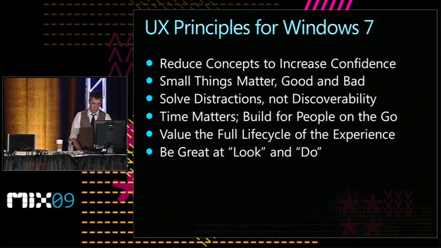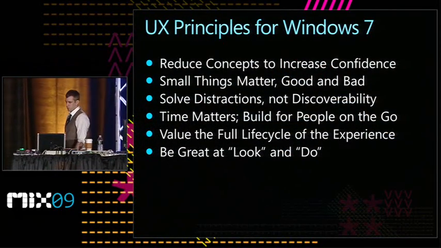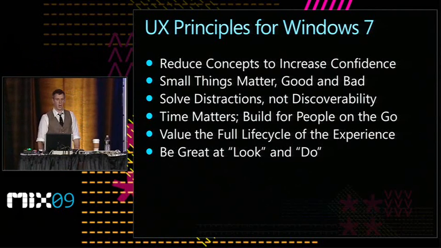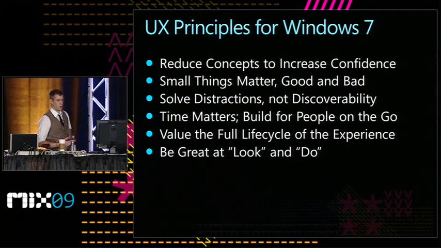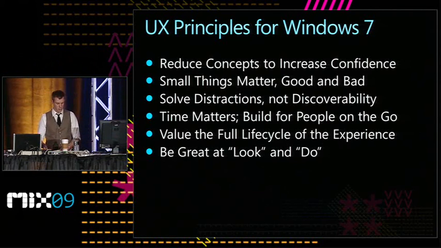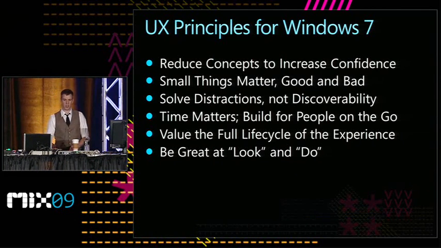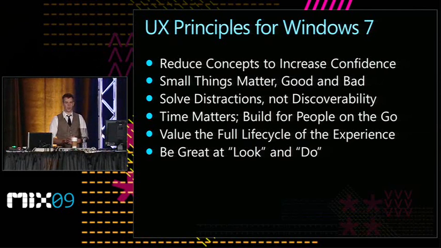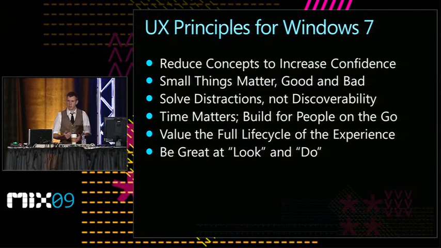So these are our UX principles that we used for Windows 7. I'm not going to speak to them all now, because I think each project probably needs its own principles based on the problem that you're solving or the context of the specific project. But what is important is that you have principles, to allow you to stay focused in a multidisciplinary team.